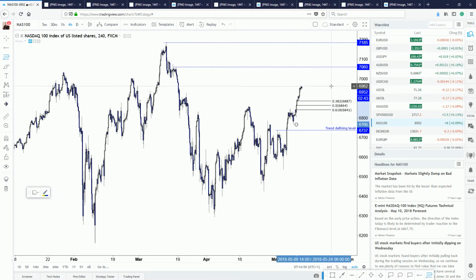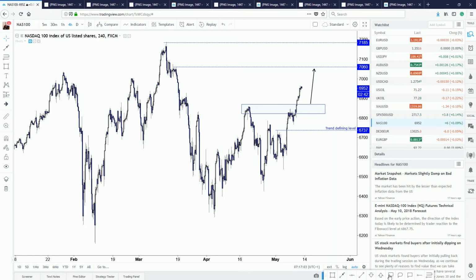Took a fib from the actual low, like that. Then you have the 50% correction, a little bit more, and I would do something like that. That's 6,871.